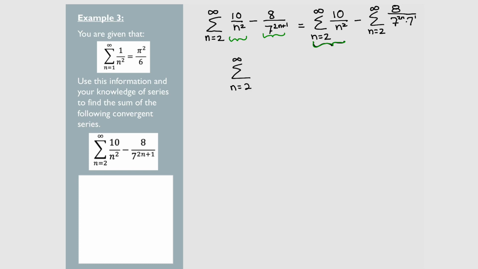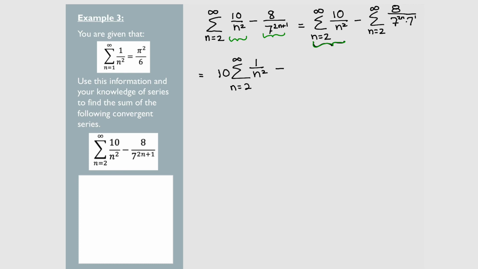Instead of 10 over n squared, I'm going to look at it as 10 times 1 over n squared. And I'm also allowed to pull out those constant factors from an infinite summation. The second one I could pull out 8 over 7.